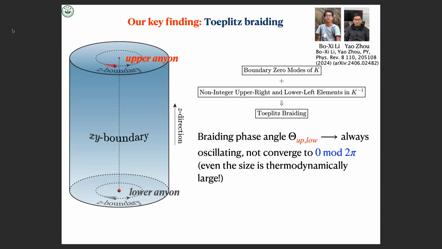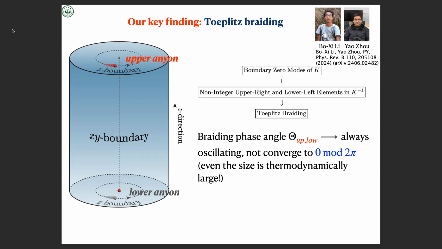There's one more question. Yeah. What's the difference between Toeplitz braiding and the conventional braiding statistics? I already explained that in conventional braiding, the two areas in general must be in the same universe, the same 2+1. For example, here is one area, here's the other area, you braid one area around another.